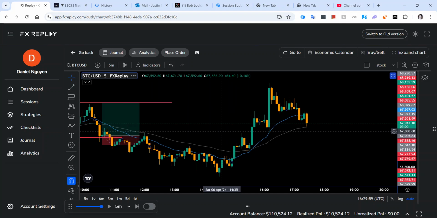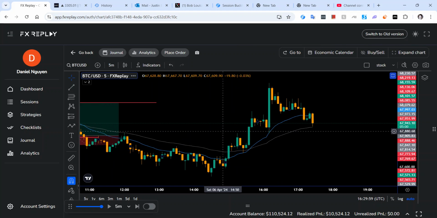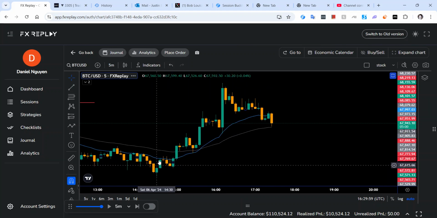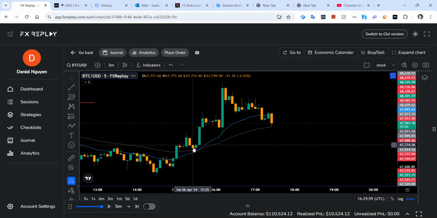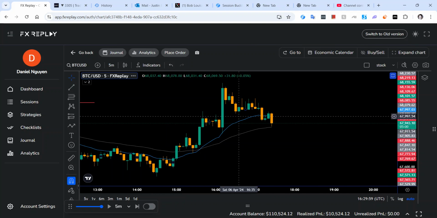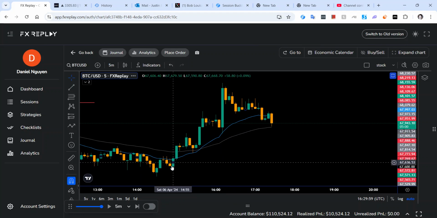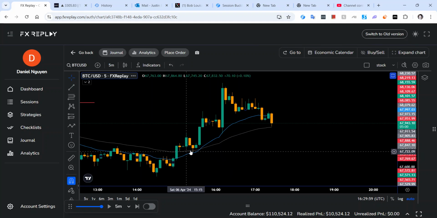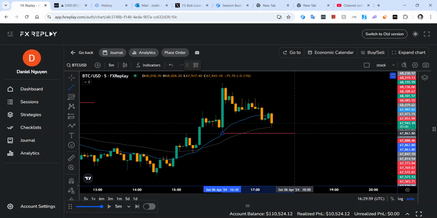Another way you can do it as well, which is worth me pointing out and showing you, is see how this is trending up. High, low, high, high, high, low, high, high, high, low, high, high. Okay, we're trending up, right? As we're trending up, what happens is we create liquidity here, here, here. There are people's stops below all of these.